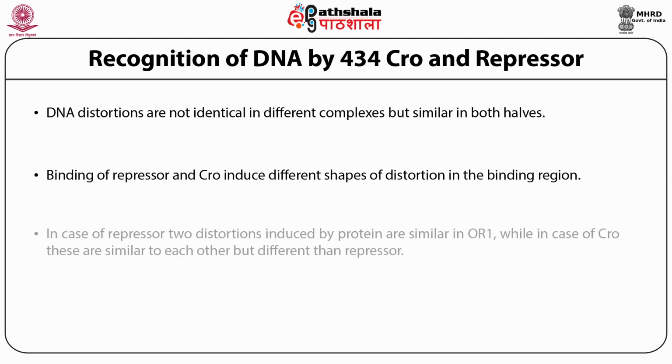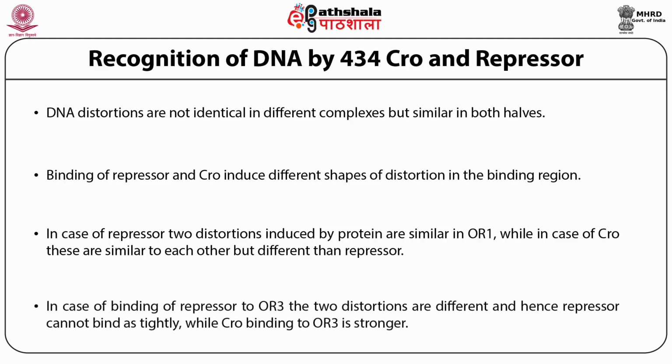In the case of repressor, the two distortions induced by proteins are similar in OR1, while in the case of Cro, these are similar to each other but different from repressor. In the case of binding of repressor to OR3, the two distortions are different and hence repressor cannot bind as tightly, while Cro binding to OR3 is stronger.